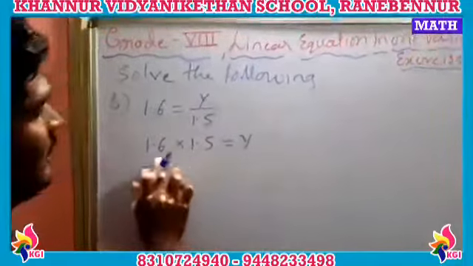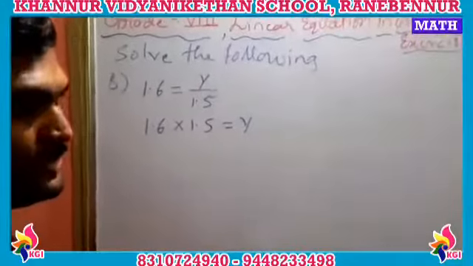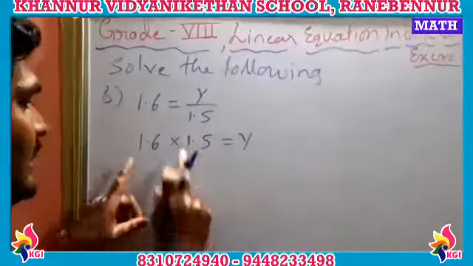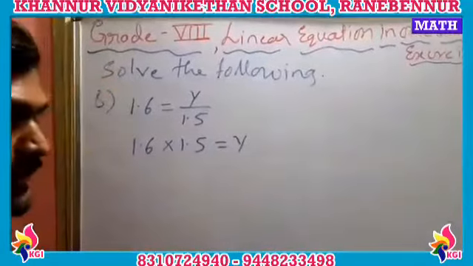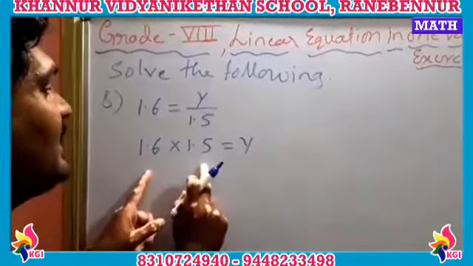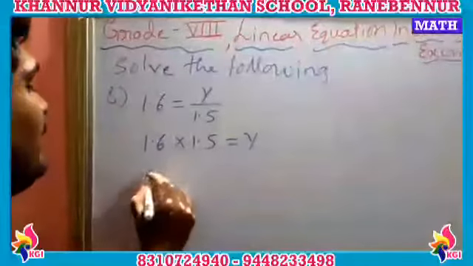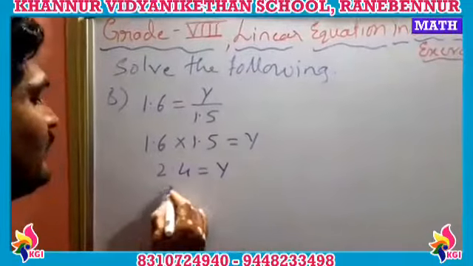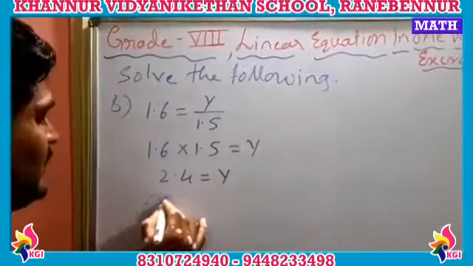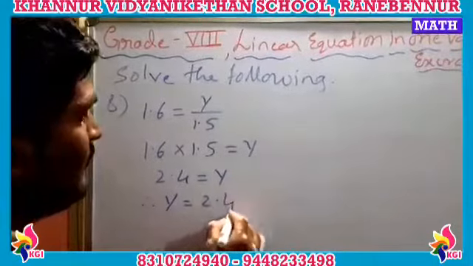So now it is 1.6 into 1.5. You know the product? Don't know. Leave the decimals first. Make this 15 16s are 240. So here are 2 digits after the decimal point. So take it behind. That is going to become 2.40, that is equal to y. As I said, I have to write the variable first. So therefore y is equal to 2.4.